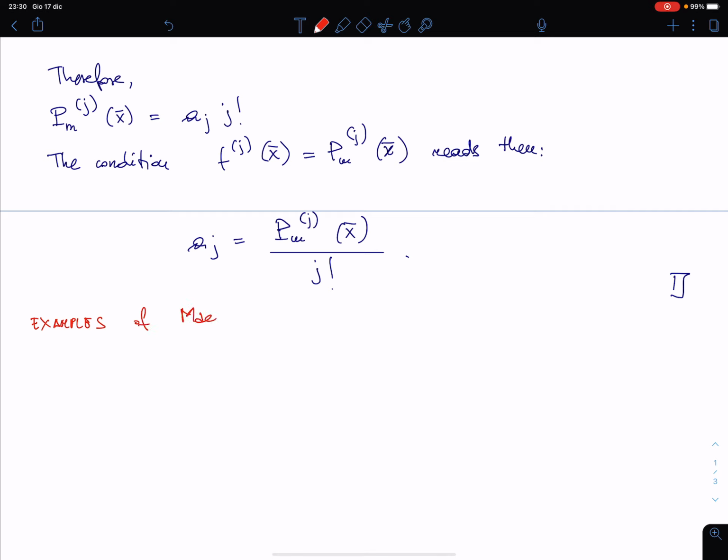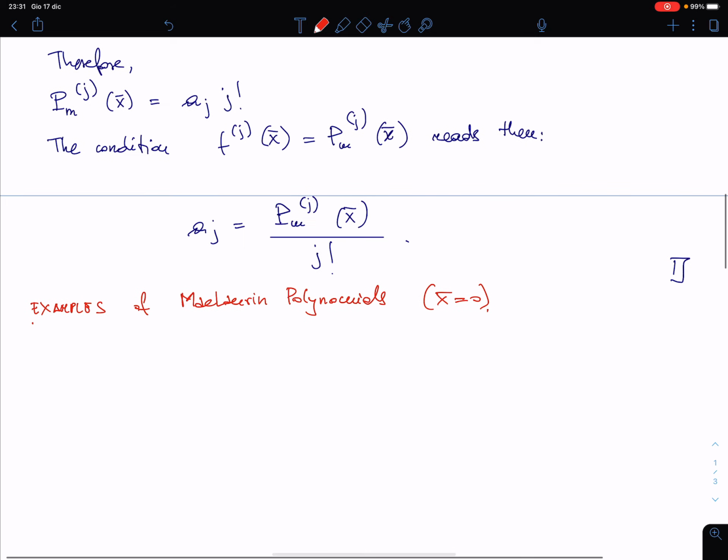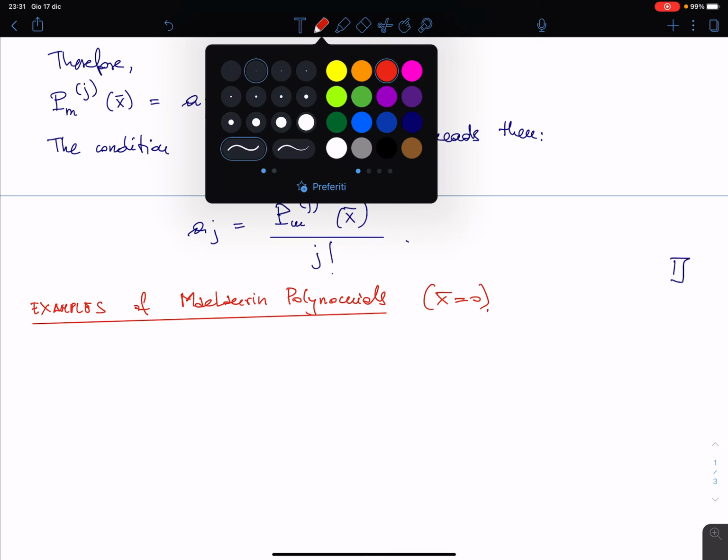They are always Maclaurin polynomials, which means Taylor with x bar equal to 0. So we had the sine, now we go to the cosine.